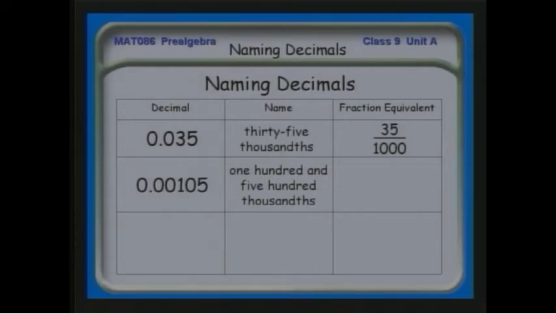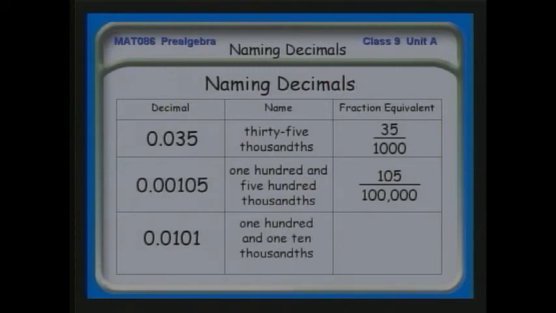Put your finger at the decimal point and go tenths, hundredths, thousandths, 10 thousandths, 100 thousandths, and your finger ends out past the 5, and we would represent it as a fraction that way. And finally, here's another one. We would write that as 101 ten thousandths, and we would represent it as a decimal this way.